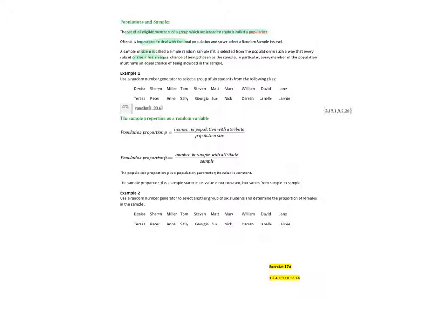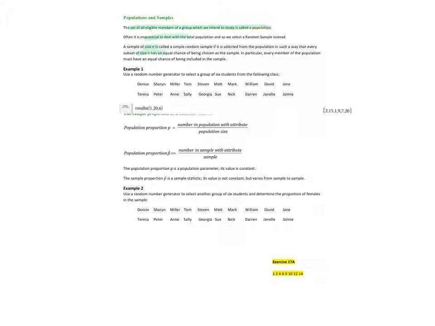So you can see there those numbers that I've selected are 1, 2, 7, 9, 15, 20. They're the 6 people that my sample has generated using random integer. Okay.